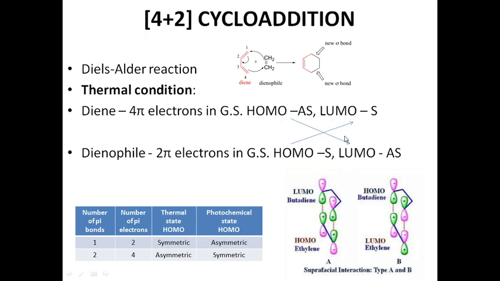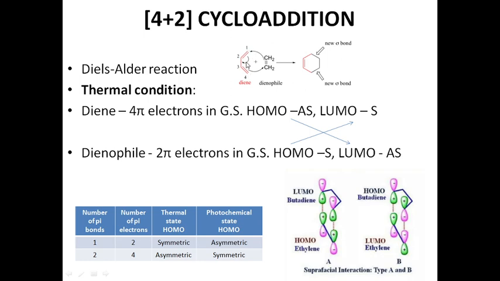These are the 2 sigma bonds which are formed. See here, HOMO is asymmetric, even LUMO is asymmetric. Both are asymmetric. Here, HOMO is symmetric and LUMO is symmetric. Both are symmetric. We have an overlap of asymmetric with asymmetric and symmetric with symmetric.